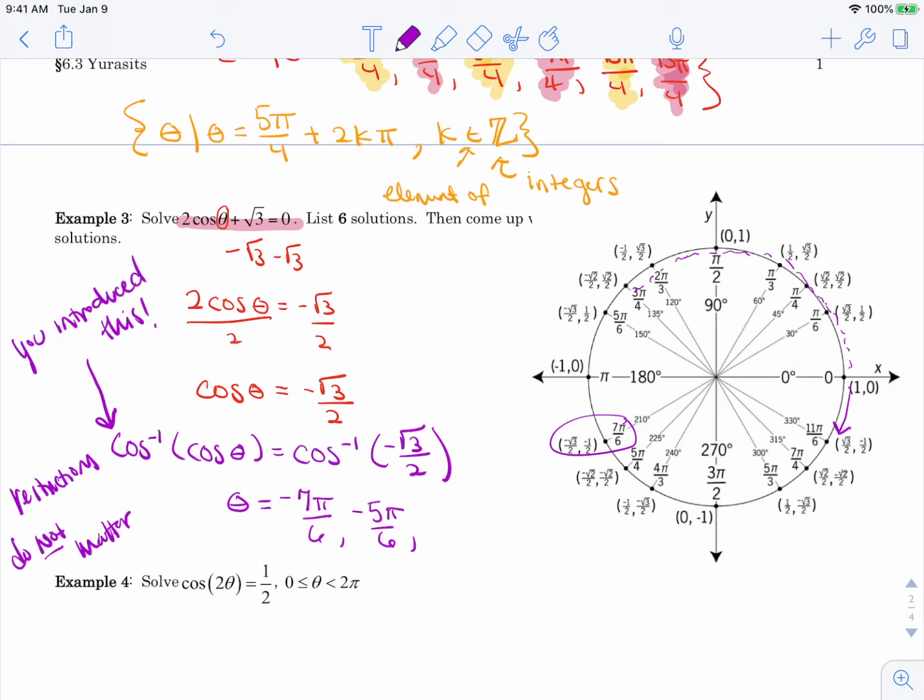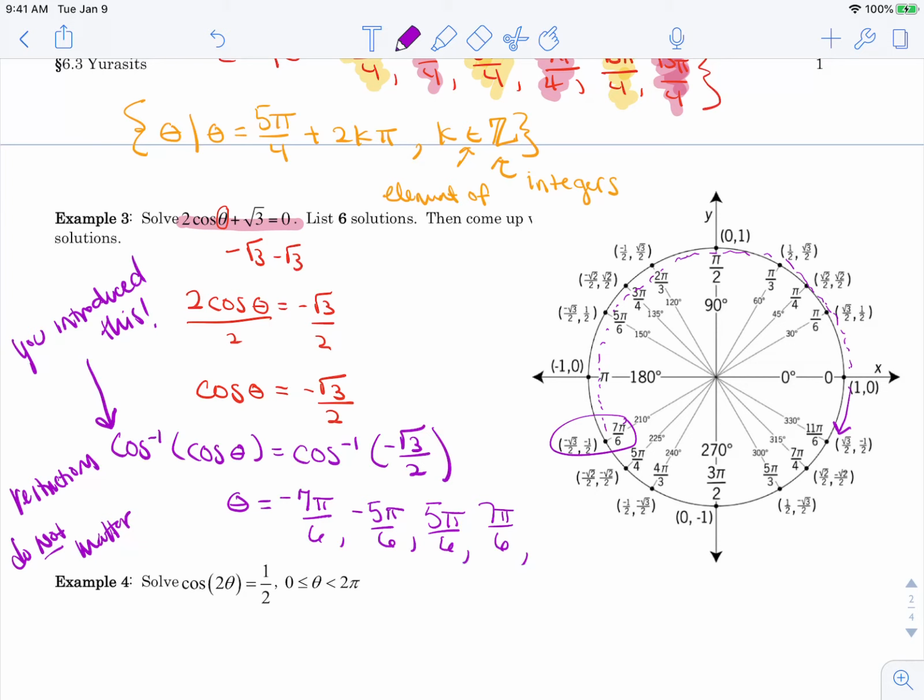I hit it. So 5 pi over 6 is 1. Keep going, bing, bing, bing. And then I hit it again, 7 pi over 6. And then I need 2 more. And that's when you have to add in that 2 pi, right? Because that's adding in its period, so you would end up at the same place.